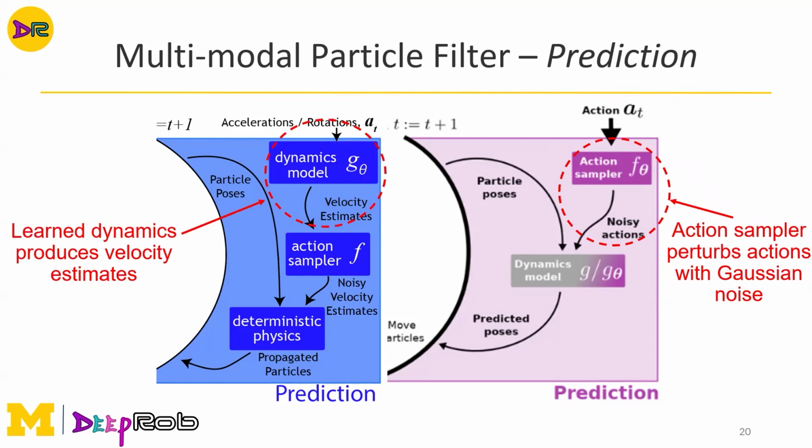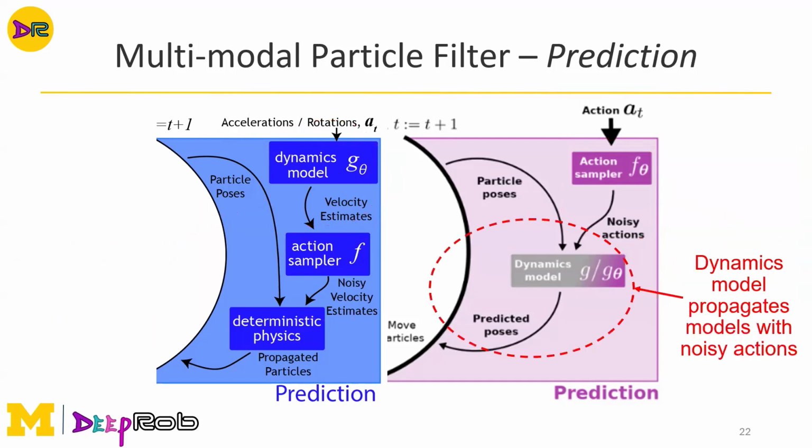In our specific example, we apply a learned dynamics model to create velocity estimates, but do not directly apply noise to the acceleration measurements beforehand. We actually apply noise afterwards to the predicted velocities from those accelerations, which is a subtle difference.